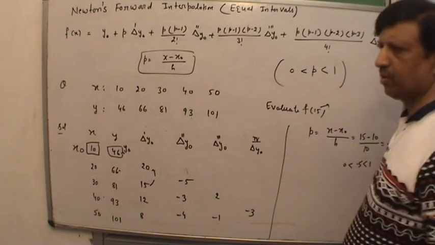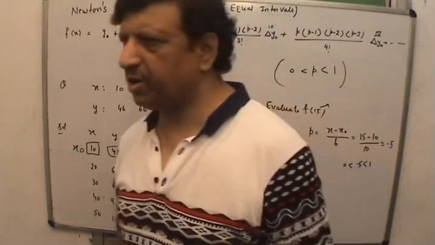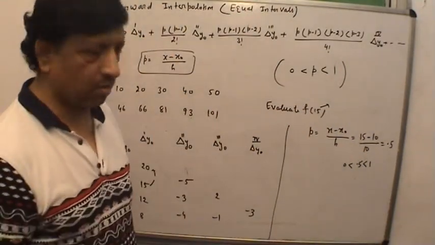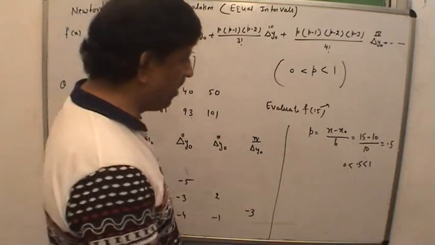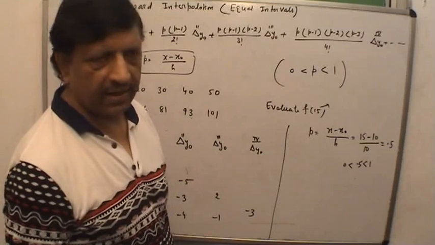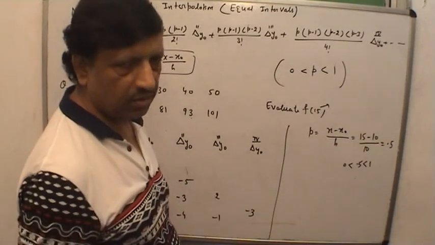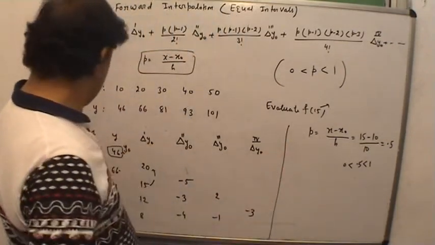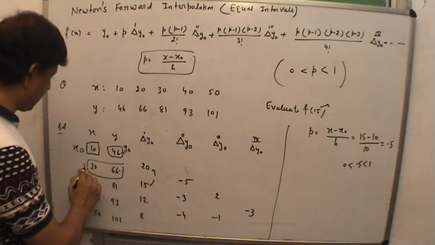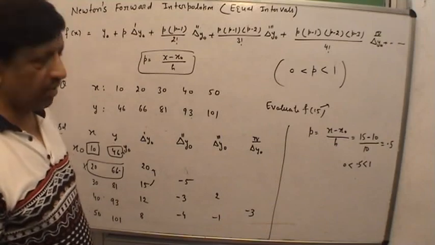It is very important to check whether p lies in the given condition or not. If the value of p doesn't obey this condition, then we again work out the value of p by taking the lower set as x0 and y0.